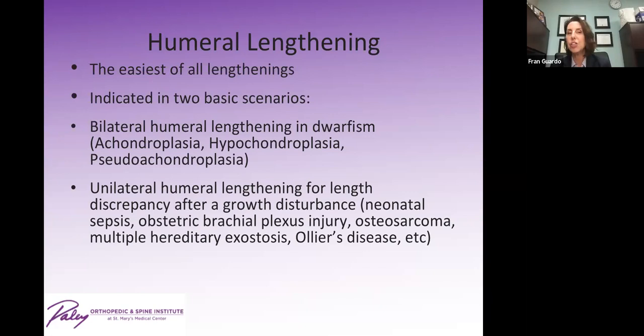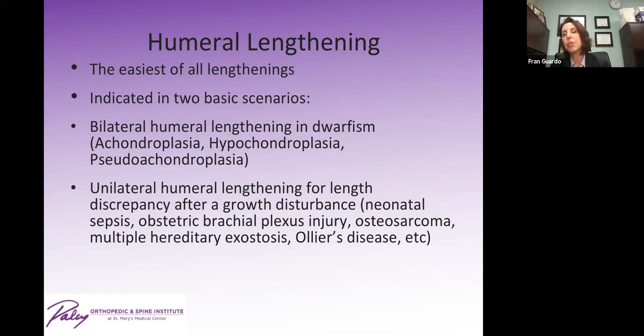The indications are basically two scenarios: bilateral humeral lengthening in dwarfism, achondroplasia, hypochondroplasia, and pseudoachondroplasia. And then there's the option of unilateral lengthening for folks with other issues where they have a discrepancy between the right and the left.